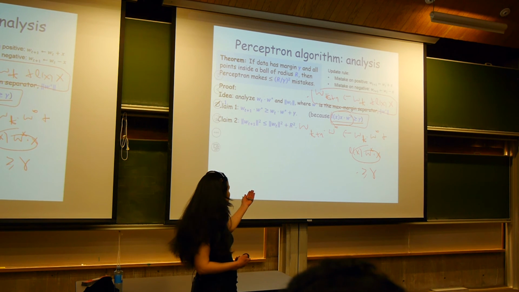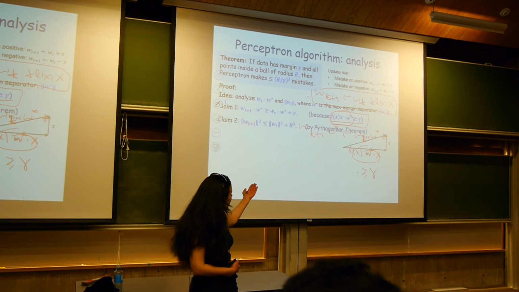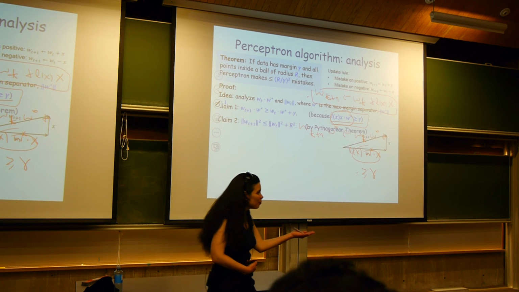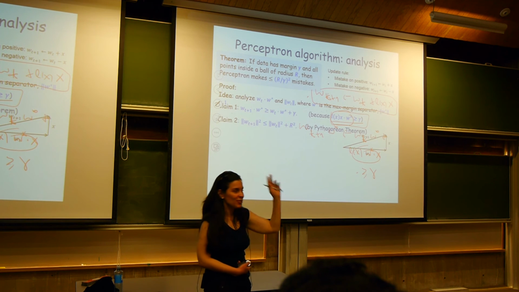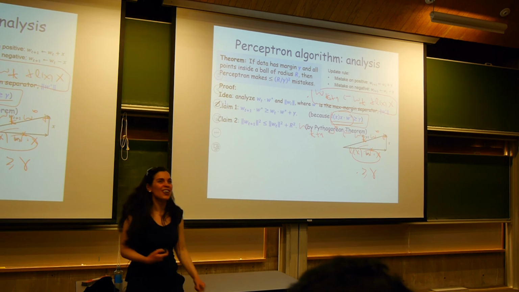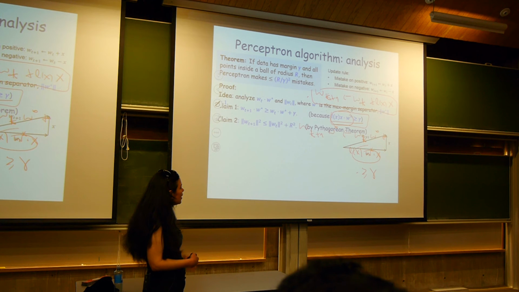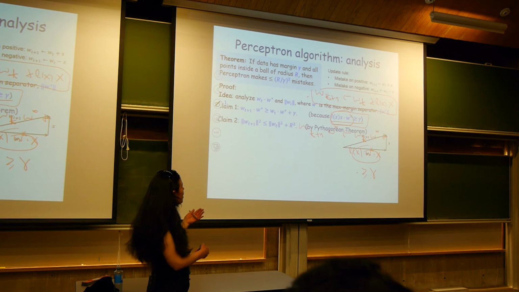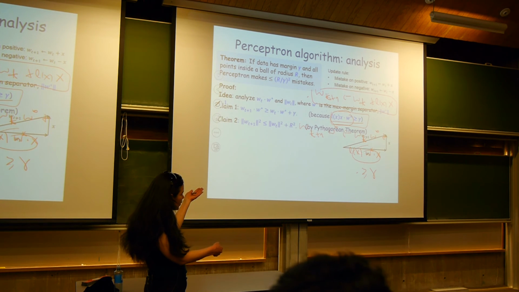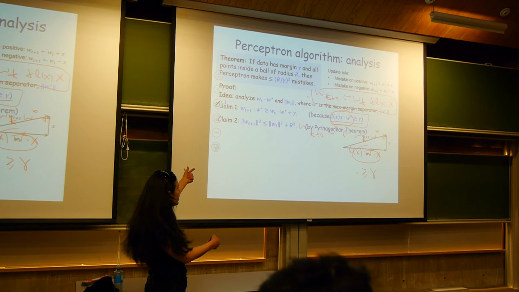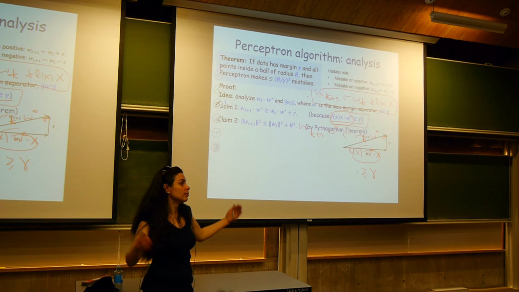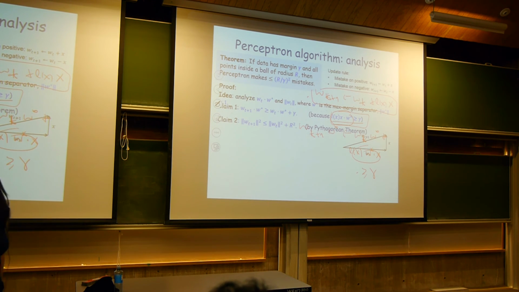And just by using the Pythagorean theorem, when you add or subtract an example X, the new length squared is upper bounded by the old length squared plus r squared, where r is an upper bound on the length of X. So that's the geometric explanation.